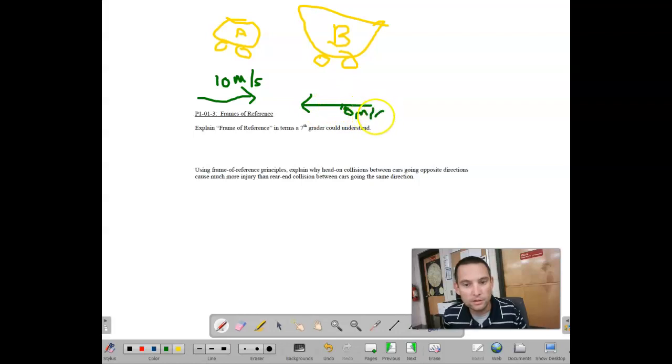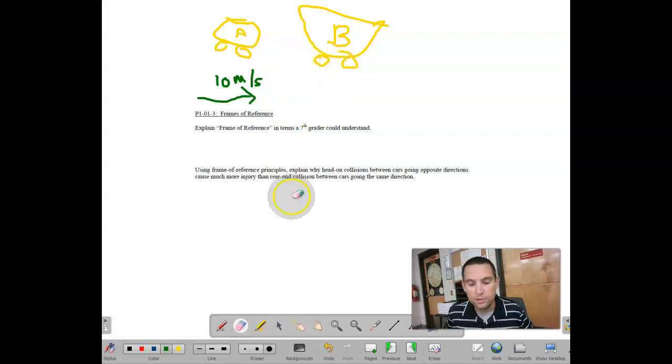You're not moving. If you're in car B, car A looks like it's coming 10 meters per second towards you. So it's the same situation for car B as if they were moving 10 meters per second slower. Remember in the first example, A was moving 70, B was moving 60 meters per second. Those two situations are completely identical.